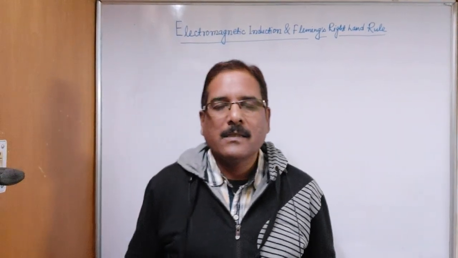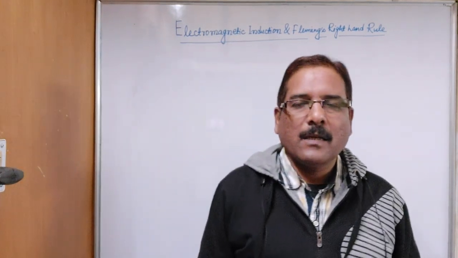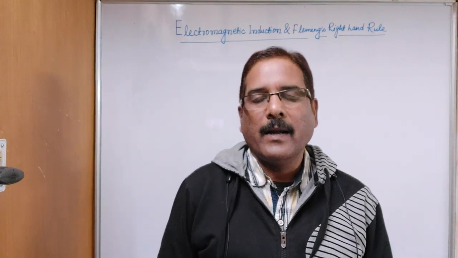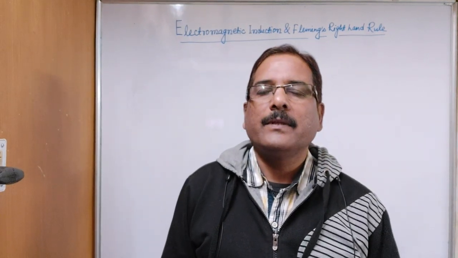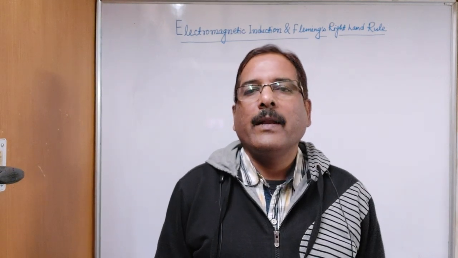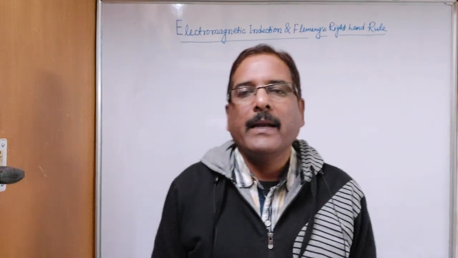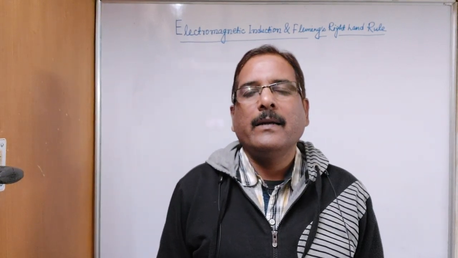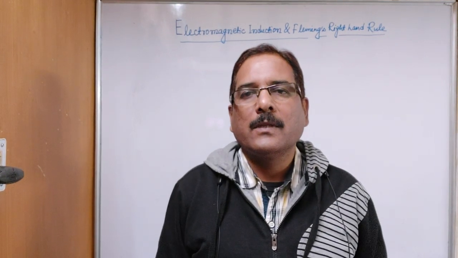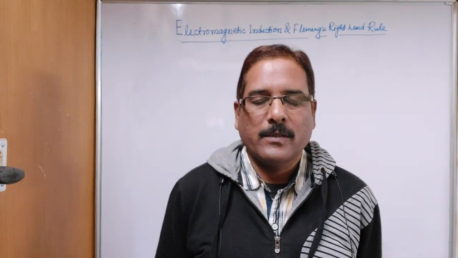In last class, we discussed two important activities, activity 13.8 and 13.9. In activity 13.8, we have seen that whenever there is a relative motion between a magnet and a coil, a current is produced in the coil, and this current is called induced current, and the phenomenon is known as electromagnetic induction.